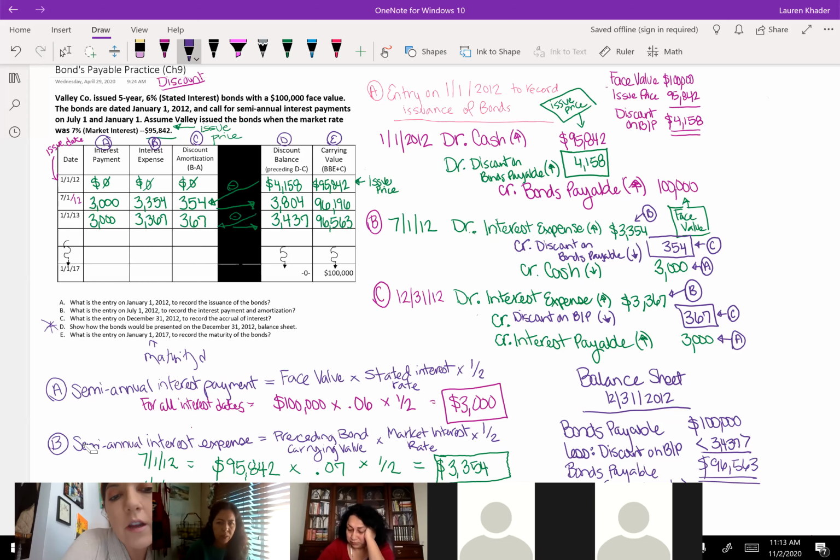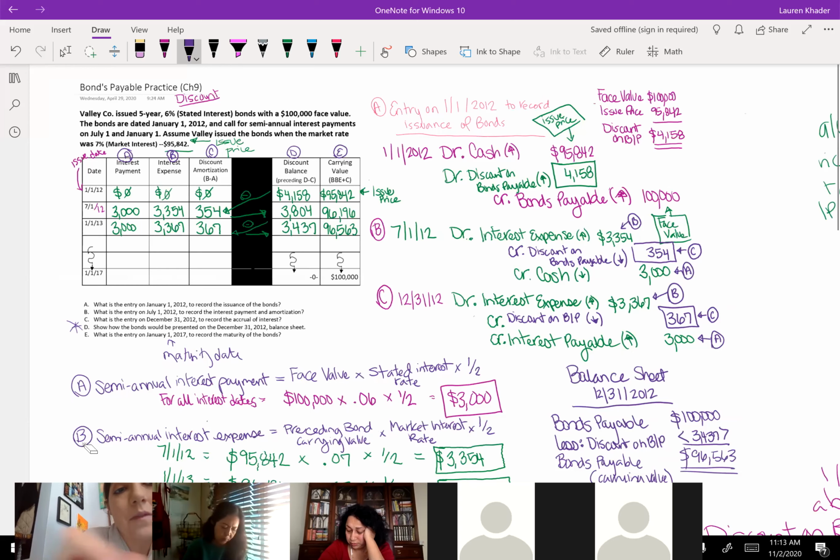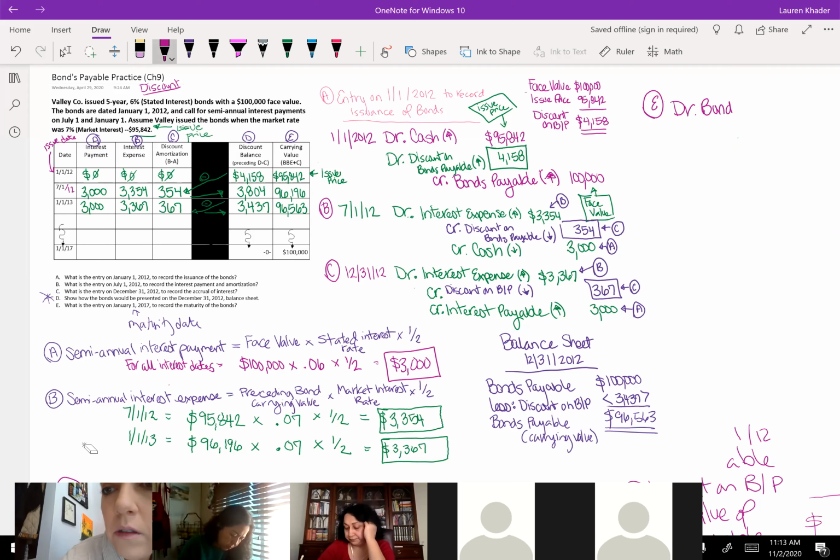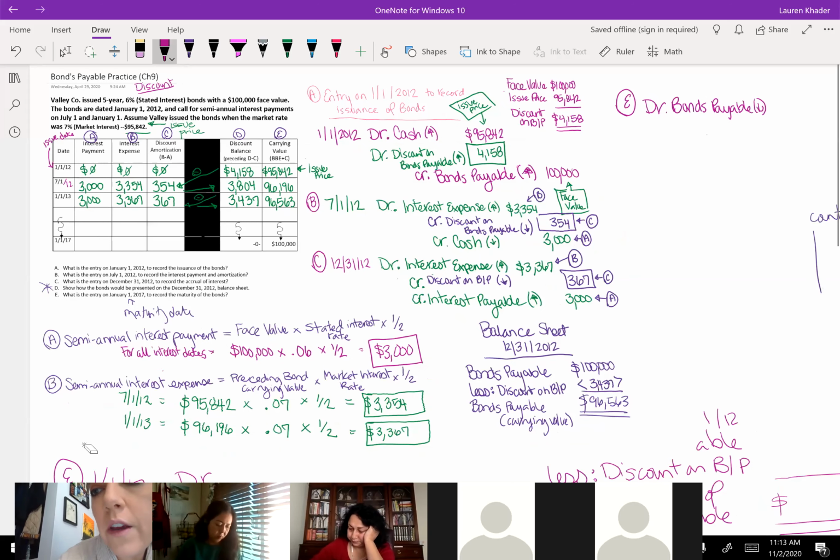To record the maturity of the bonds, when the bonds mature, we're going to debit bonds payable, reducing bonds payable for $100,000 equal to face value, because now we're paying back the amount that we borrowed.